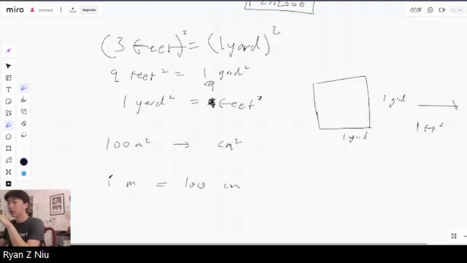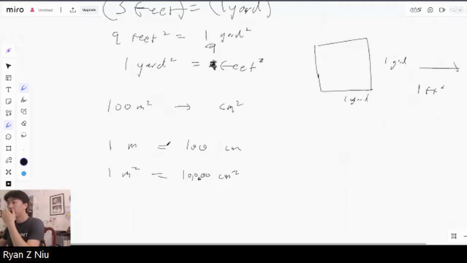So if we square this, we get 1 meter squared is going to be 10,000 centimeters squared. And then we multiply by 100. So we have 100 meters squared is going to be 1 million centimeters squared.